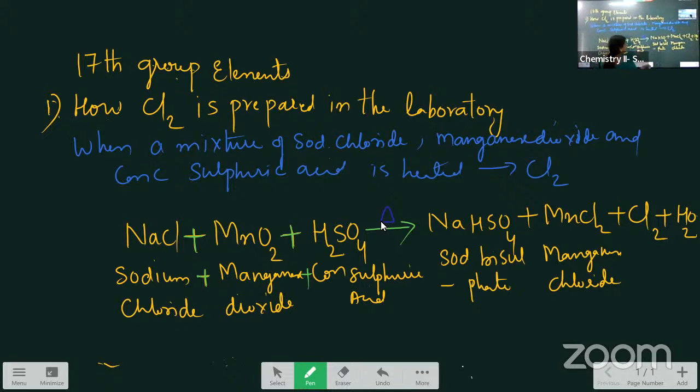Now what are the products? Sodium bisulfate, manganese chloride, Cl2 plus water. This is your major product. We employ this method to prepare Cl2. Other products are formed, but the yield of Cl2 will be more. So this is the laboratory method for preparation of Cl2. The reactants are NaCl, manganese dioxide, H2SO4.